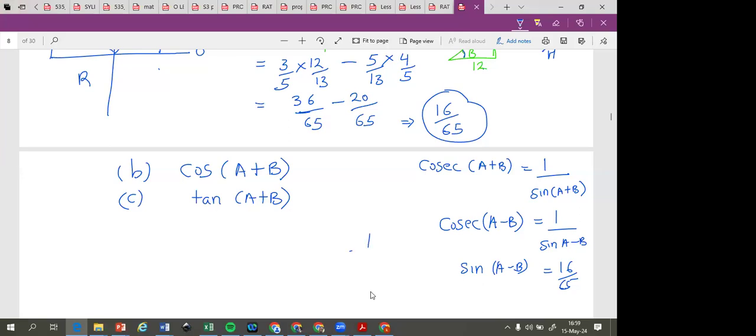So it will be 1 out of 16 out of 65. When this one goes, it becomes 65 out of 16. So it is just the reciprocal. Have you got it?